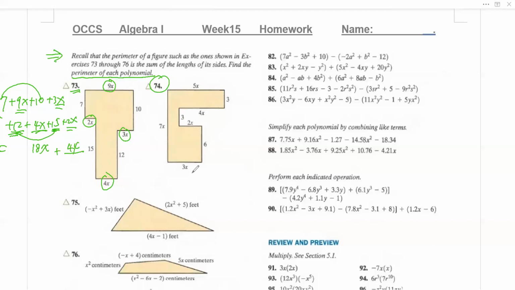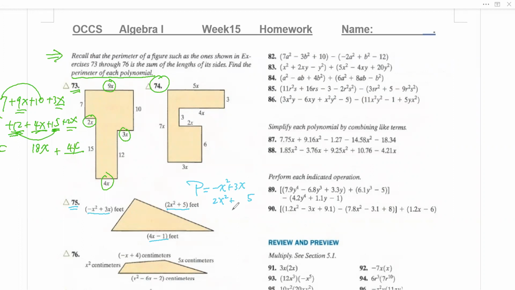All right, 74, I will skip. Go to 75. So you can see this triangle. The side is actually a little bit extended, right? So the perimeter is 3 sides, they add together, right? Plus 2x squared plus 5.